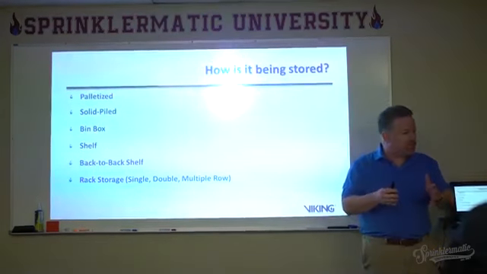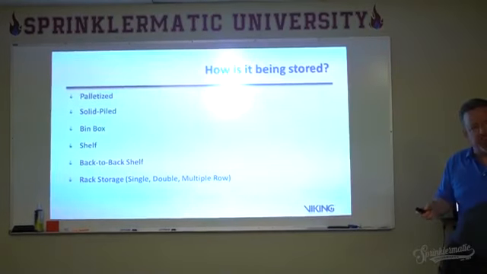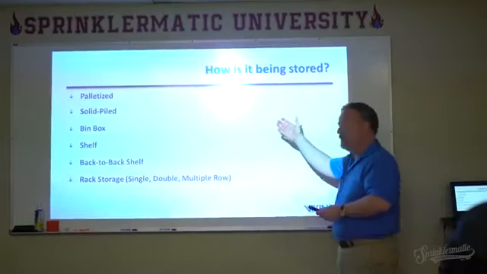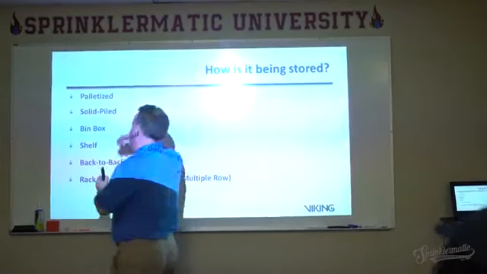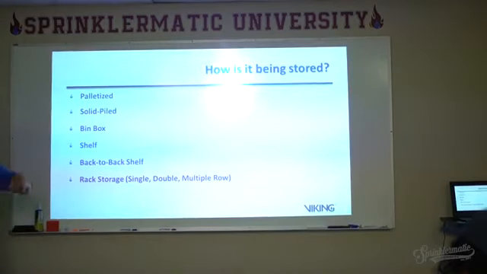Now, how is it being stored? And by that, what's the configuration of the storage? Is it palletized, or are we just storing it on top of one another? Is it just boxed solid pile? Is it in a bin box? Have we placed it on shelves? That burns a little bit differently. What about back-to-back shelving?